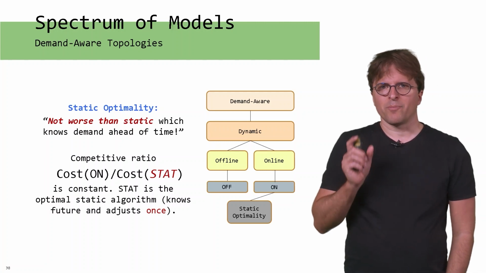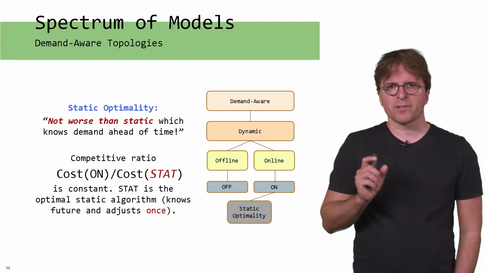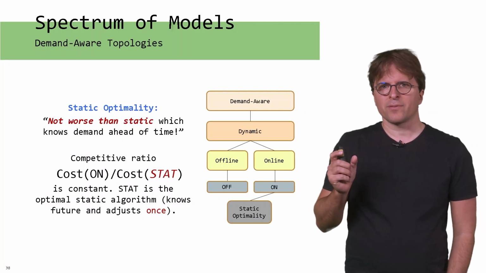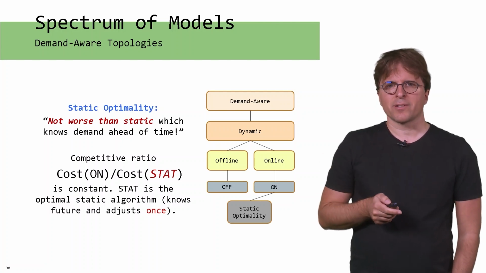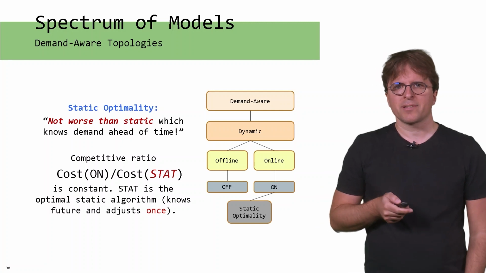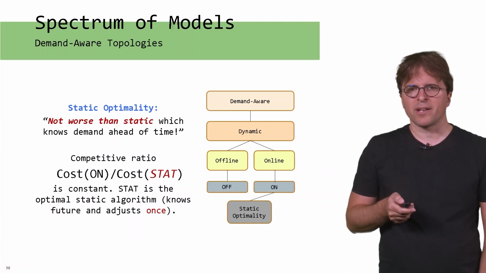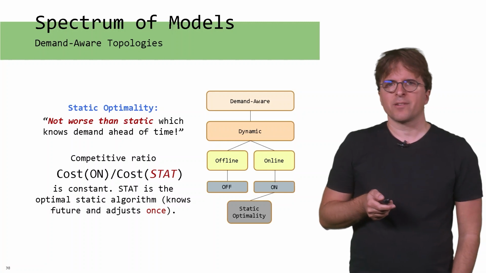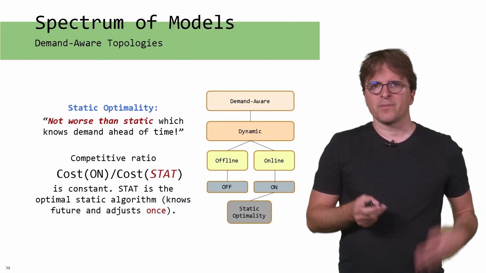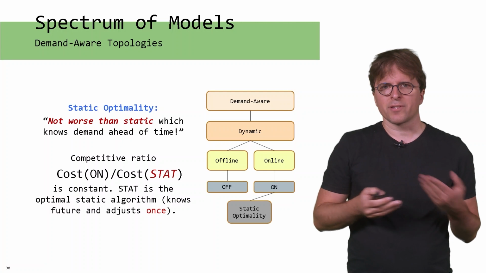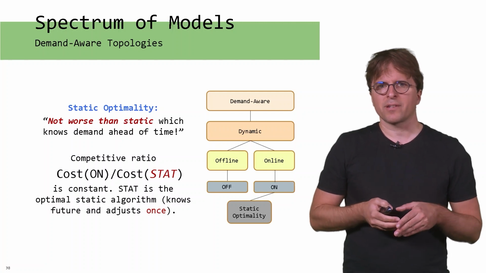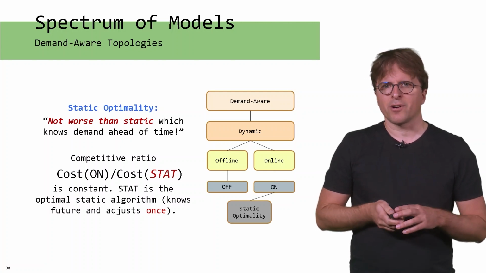We call this a competitive ratio. So we compare the cost of the online algorithm that is not knowing the future divided by the cost of the static algorithm that is optimized towards the sequence, but cannot change the topology. And static optimality means we are at most a constant factor worse than the static optimal.